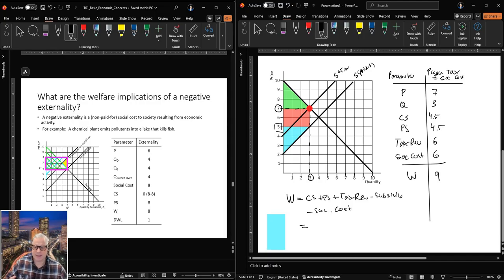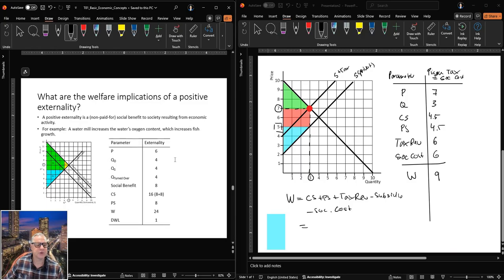So a tax, in most textbooks they will tell you that a tax to internalize a negative externality increases welfare. But there are other ways to do it too. But in terms of textbook logic, that's definitely true, and it can be nicely illustrated.